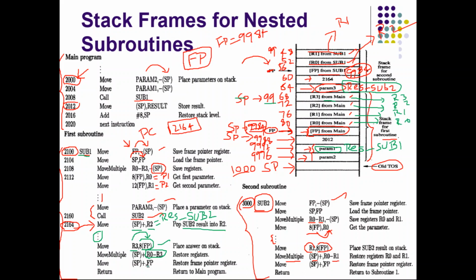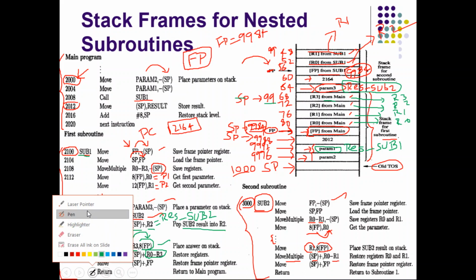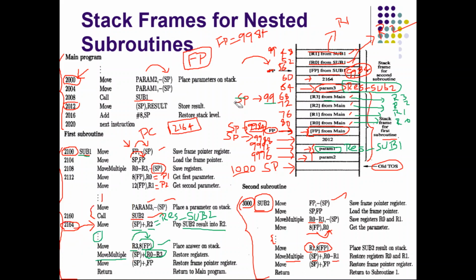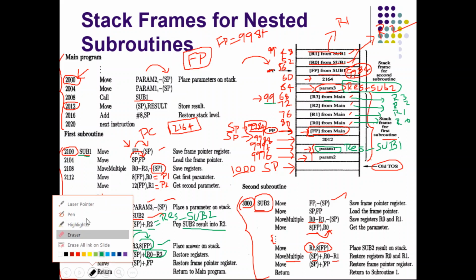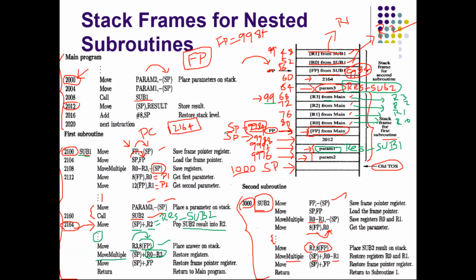Okay, so after performing this move multiple SP plus R0 to R3, once again SP will point wherever FP is pointing, that is 9984. Currently SP and FP both are pointing to the same address, which is 9984.